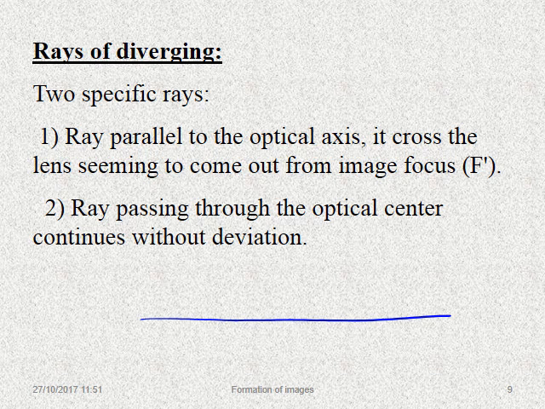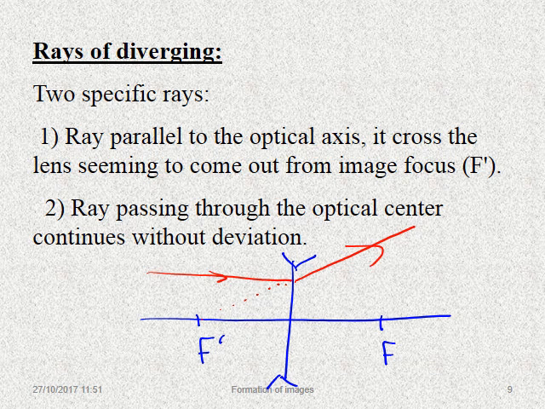First, F prime here, F here. Any ray parallel to the optical axis emerges from the lens as if coming from F prime. Another ray passing through the optical center continues without deviation.